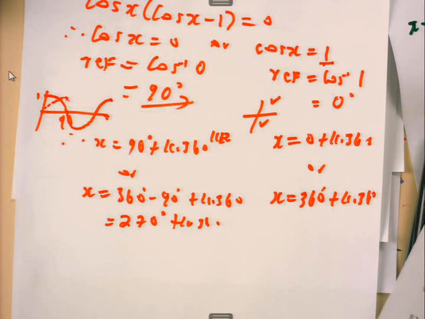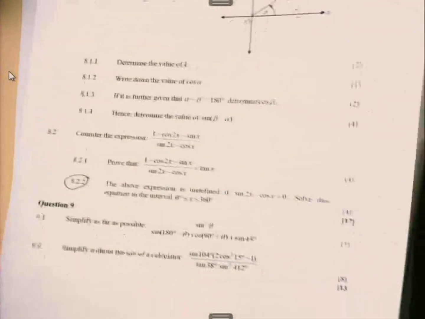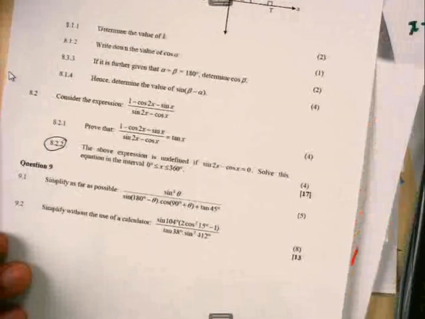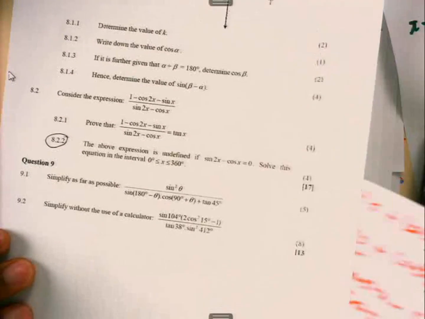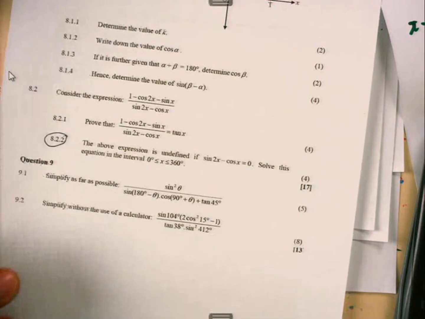Right, boys and girls, sometimes, especially when we prove identities, when you look at 8.2, they say consider the expression. Here the expression is given. Then we are fine with that. Now we move to 8.2.1. Now they say prove the identity: 1 minus cos 2x minus sin x divided by sin 2x minus cos x is equal to tan x, right?